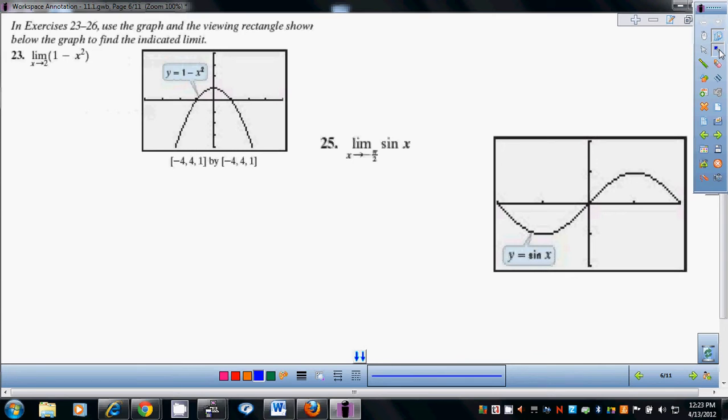Yes. How'd you get it? Yeah, just plug 2 in. 1 minus 4. Or you could look at the graph. At 2, my y value is -3. Either way will work. What about over here? Yes, that's -5.